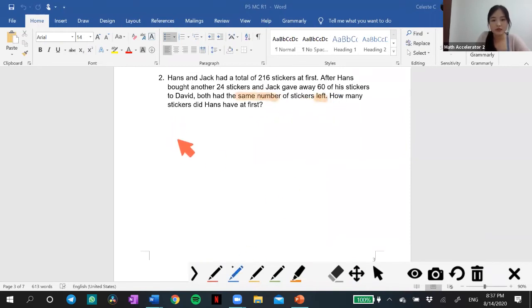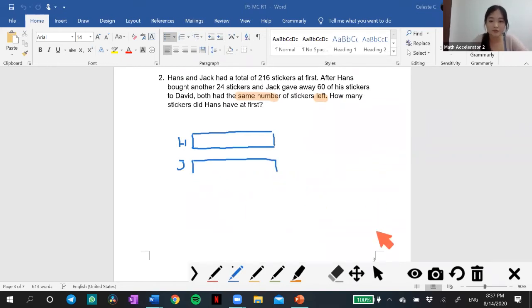So draw the equal stage. Hans and Jack, equal stage. Right, and then since it's at the very end, you have to work backwards. So this is only after Hans bought another 24 stickers.